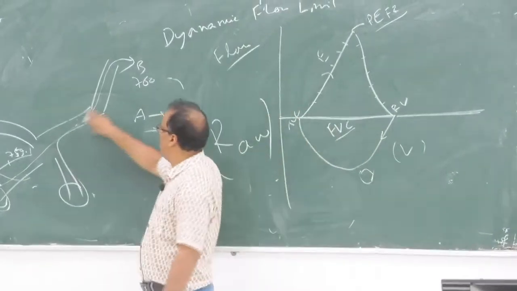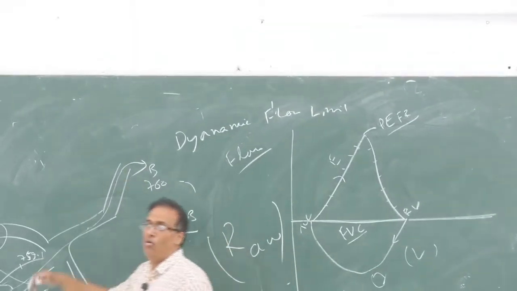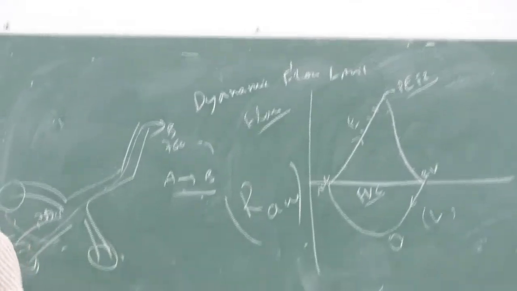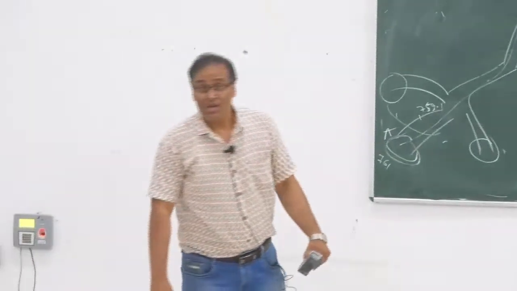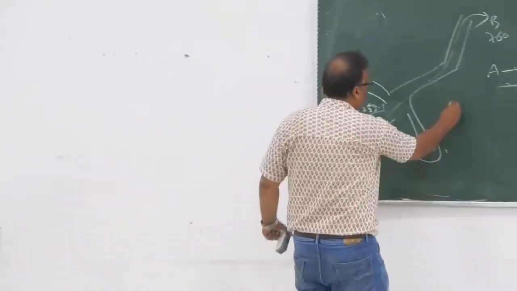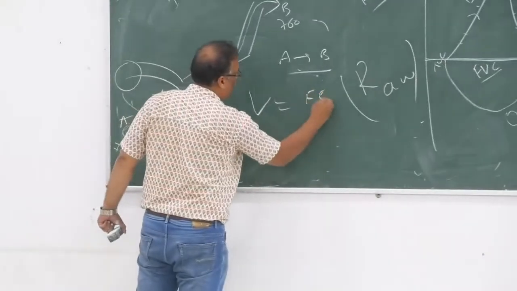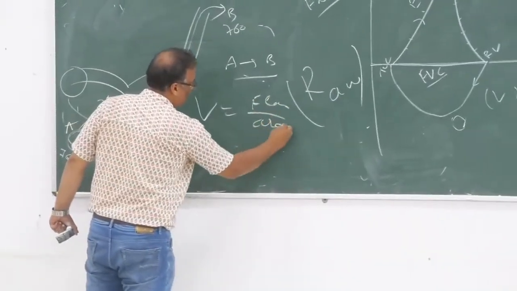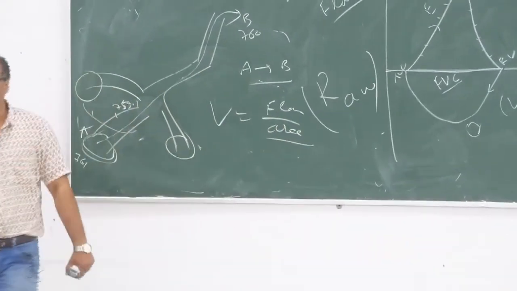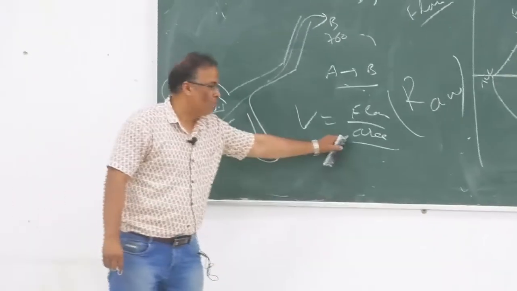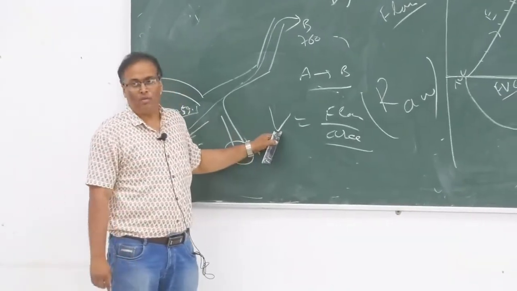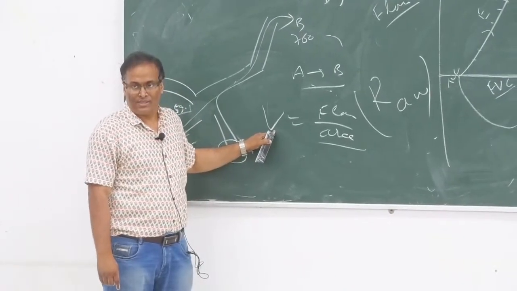This is happening in here. Now, it's also depending on the velocity. What do you mean by velocity? Velocity is basically flow and area. And area means cross-sectional area. If cross-sectional area is more, then velocity will be less or more? Yes.